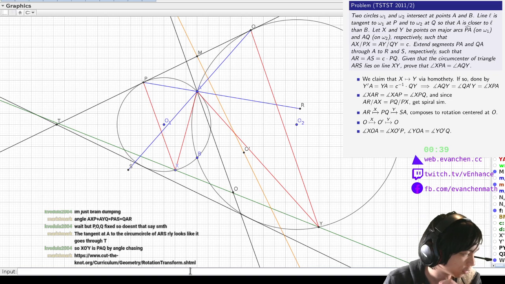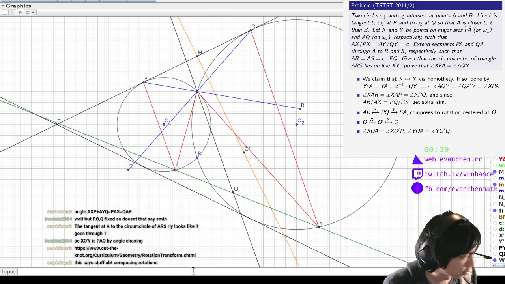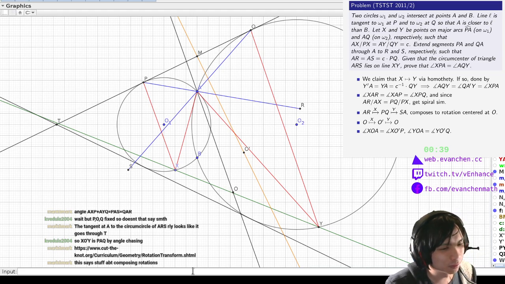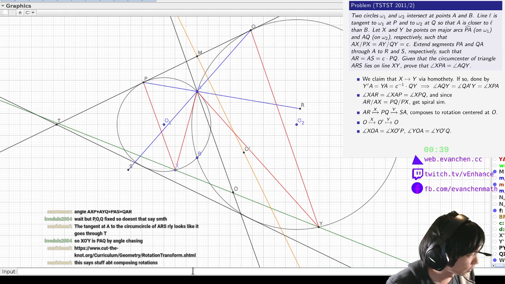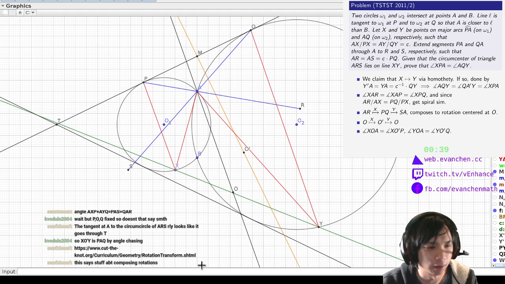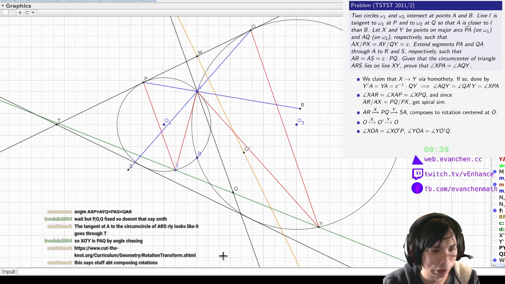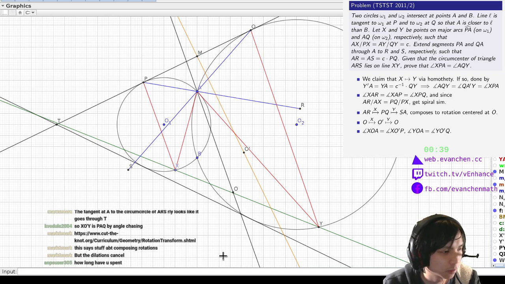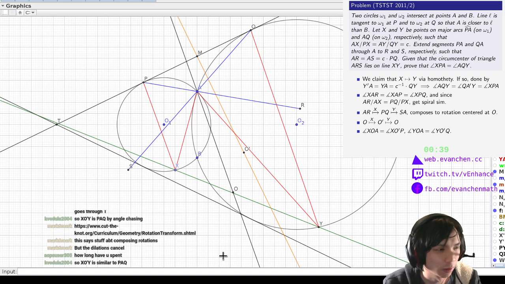Like if I have to cut the knot rotation transform. But they're spiral sims, right? They're not just plain rotations. Like the scale factors, I don't think they commute with rotating. No, the dilations... a spiral sim is the same as a rotation followed by a dilation at the same center.